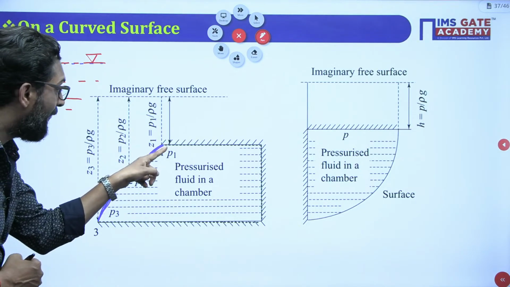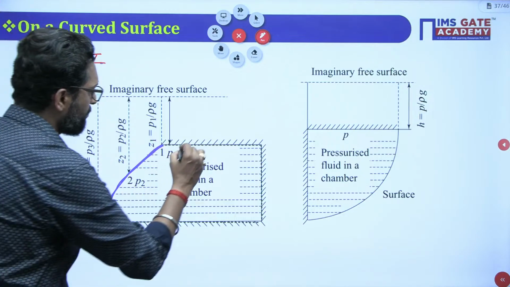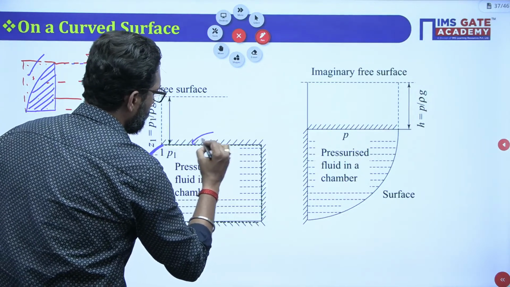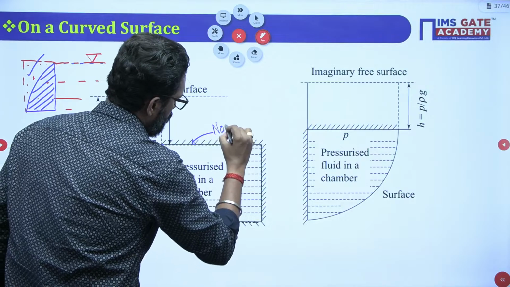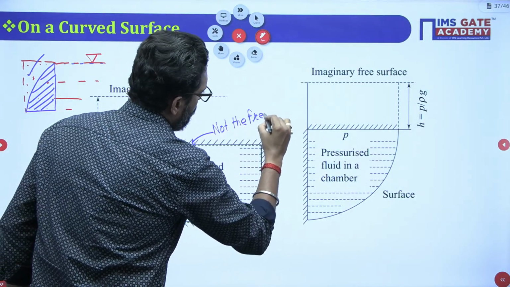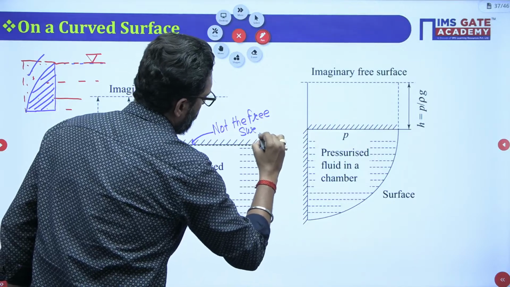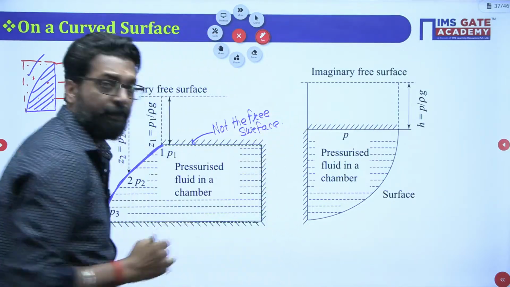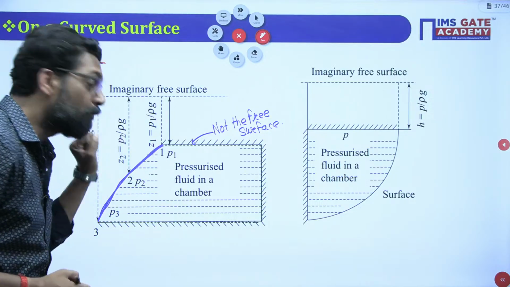But here, it is not a free surface. Very important. If it is not a free surface, how to calculate?